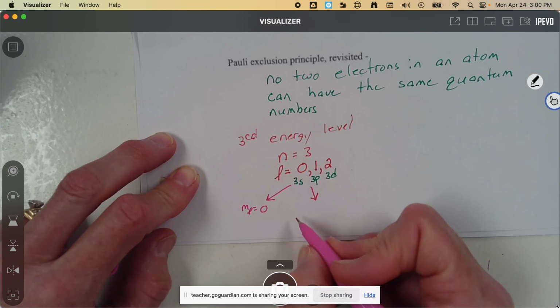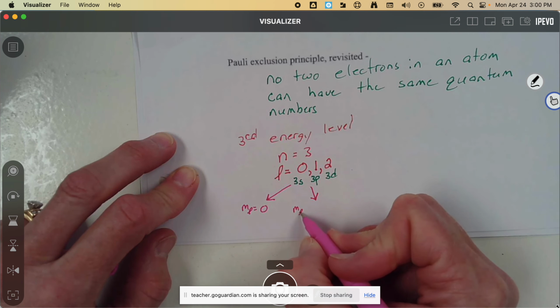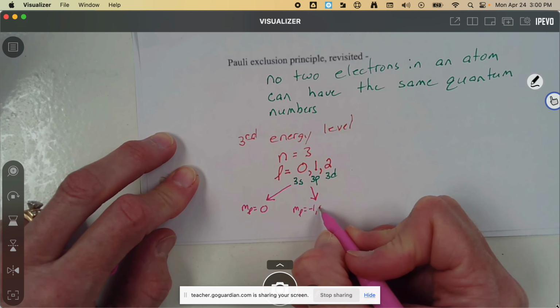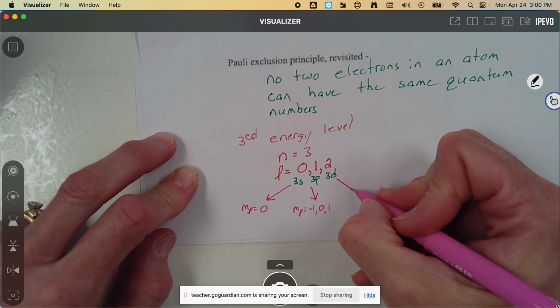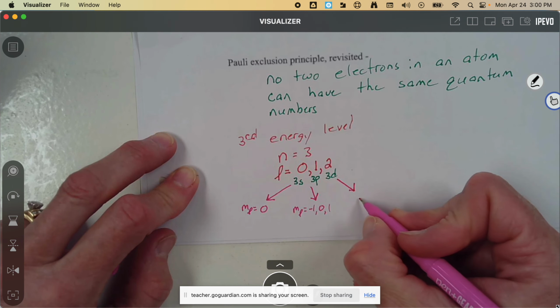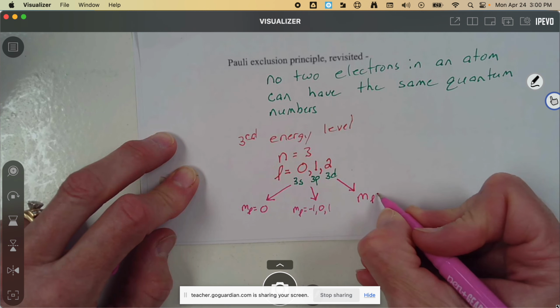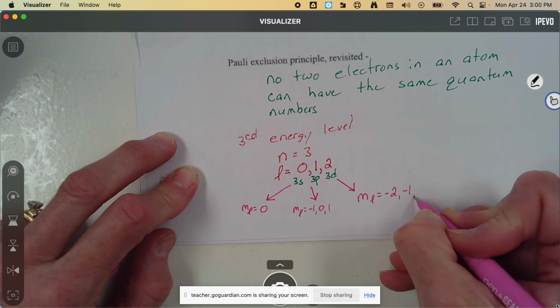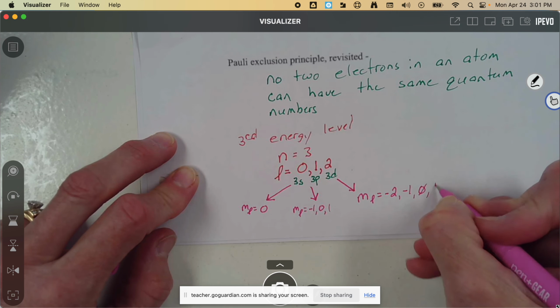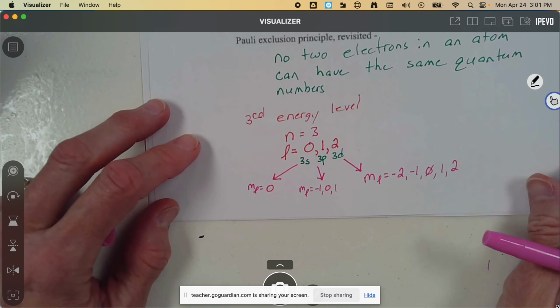If L equals 1, M sub L can be negative 1 or 0 or 1. And if L equals 2, M sub L can be negative 2, negative 1, 0, 1, or 2.